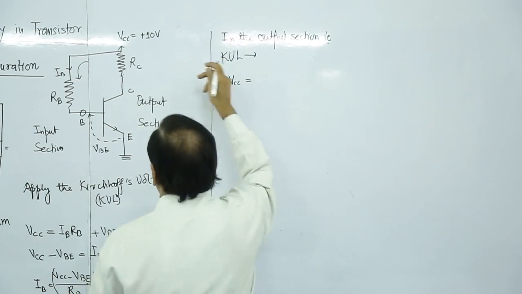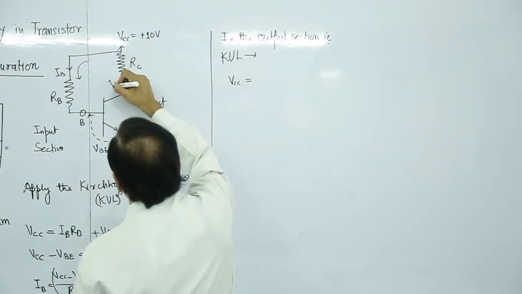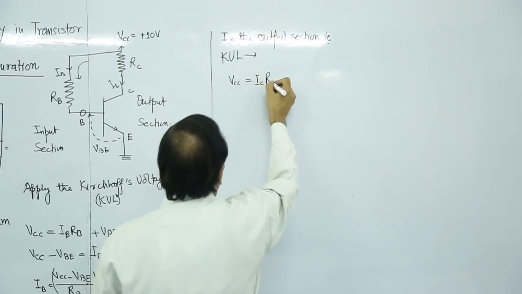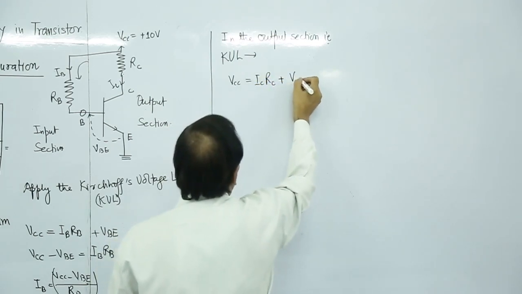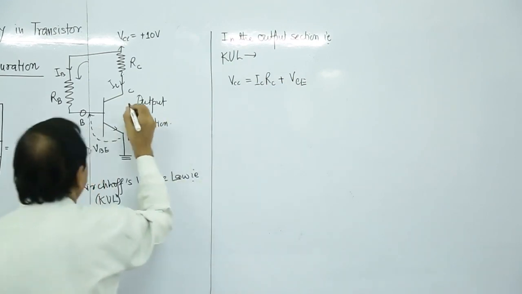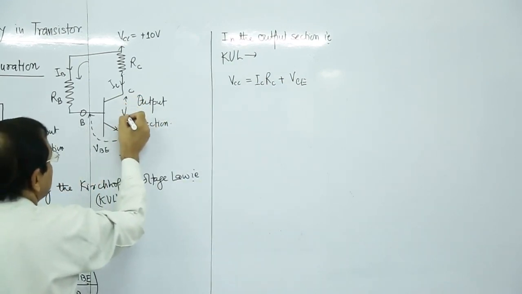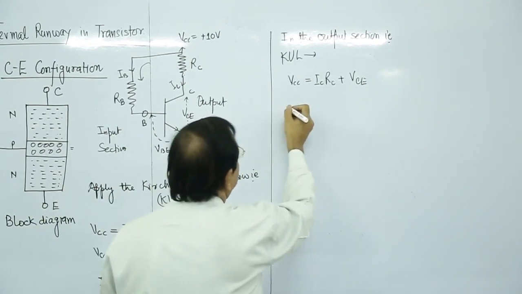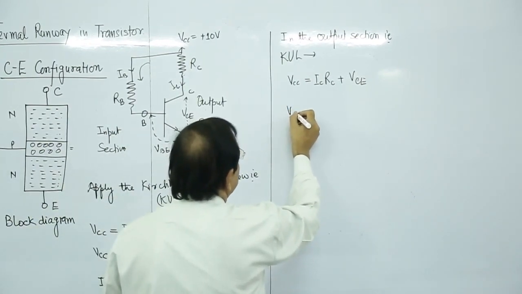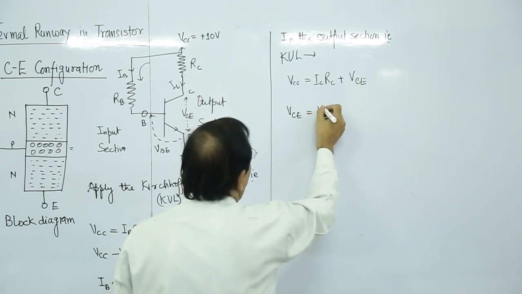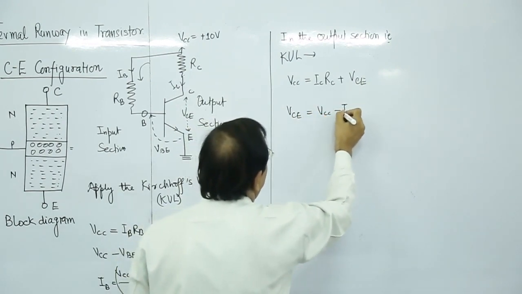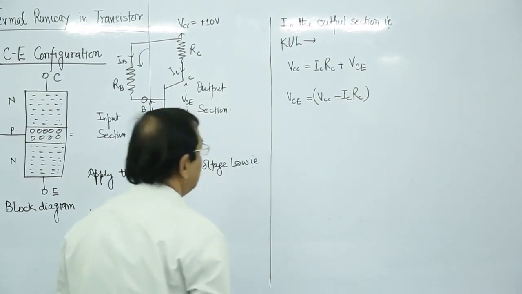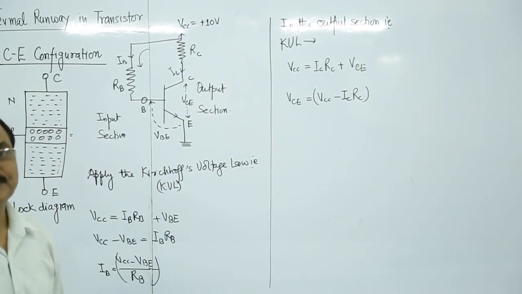VCC is equal to, here the current flow is IC, so IC RC plus VCE, the voltage across this is VCE. So VCE is equal to VCC minus IC RC. This is the value.